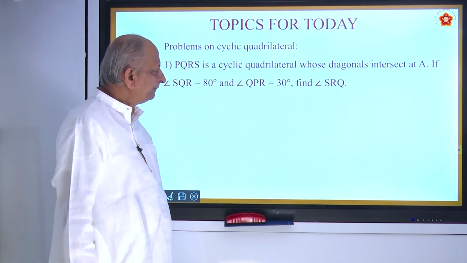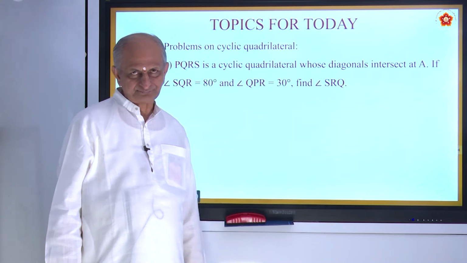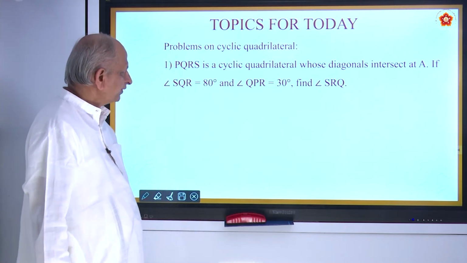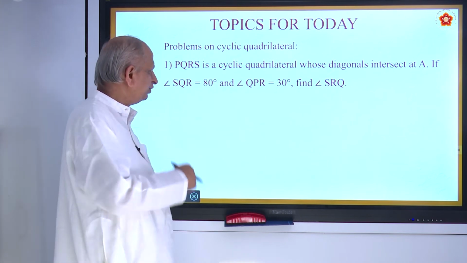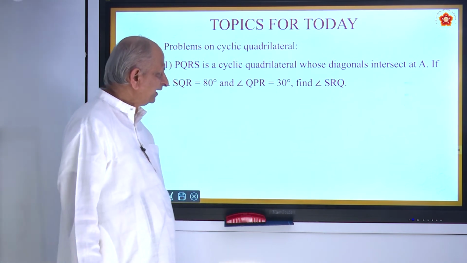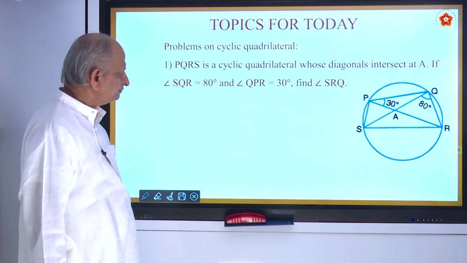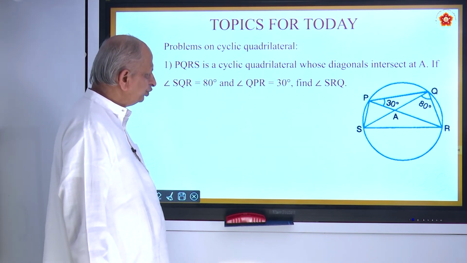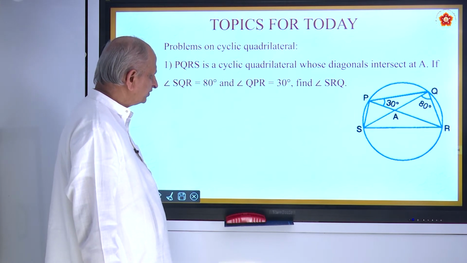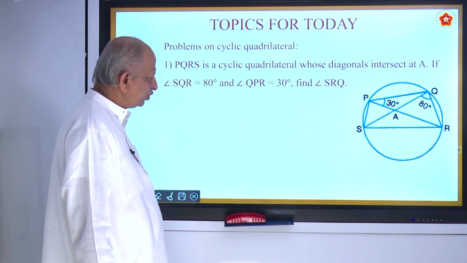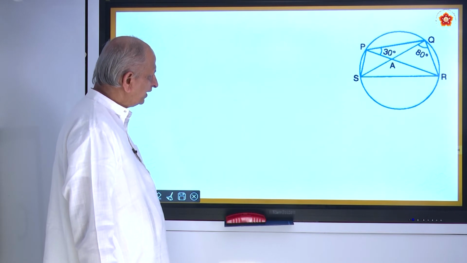Now some more problems on cyclic quadrilateral. So here is a cyclic quadrilateral called PQRS, whose diagonals intersect at A. If angle SQR is equal to 80 degrees, angle QPR is equal to 30 degrees, find angle SRQ.